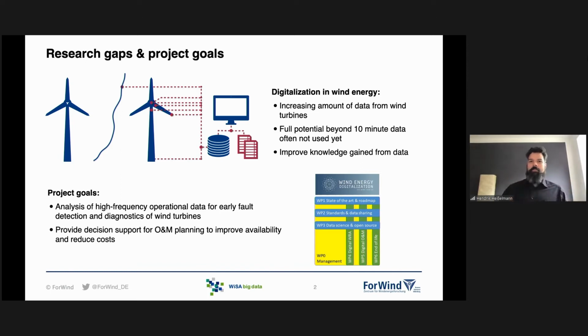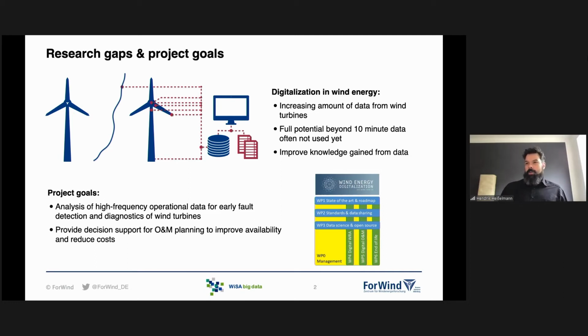It depends a little bit on what kind of system you have in there, and then use this data to provide information for early fault detection and for the diagnostic of the state of your wind turbine or your wind farm. And by using this, we want to provide decision support for the operators to, on one hand, improve the planning of maintenance, and on the other hand, of course, improve the availability of your asset.